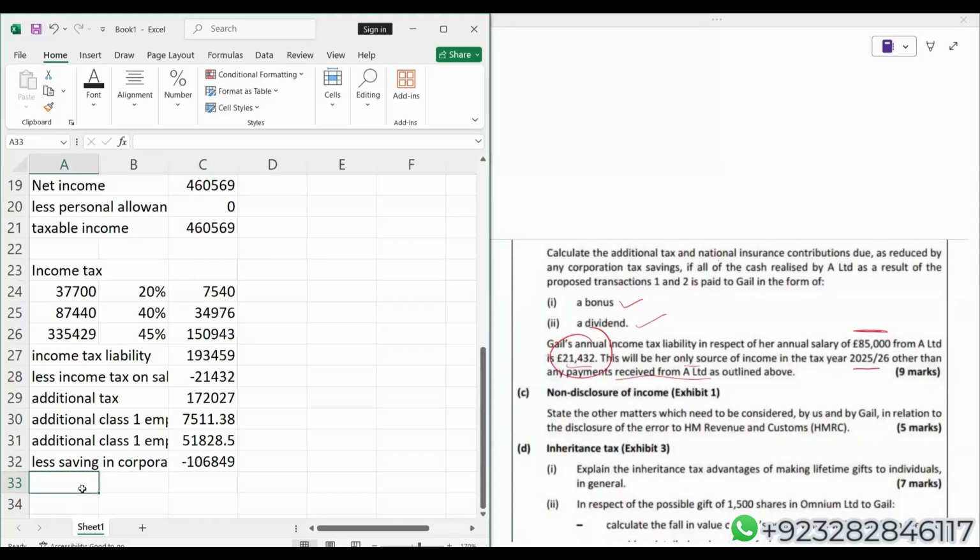So let's see additional taxes. How much we have to pay in total additional taxes? Because we are required to calculate total additional taxes. Let's see. Total additional taxes.